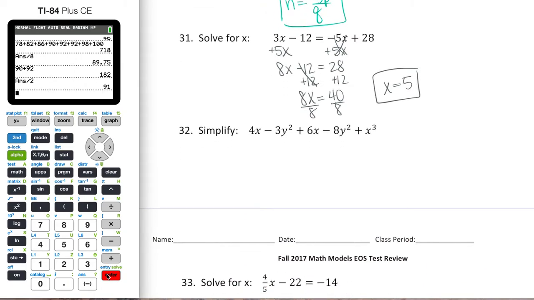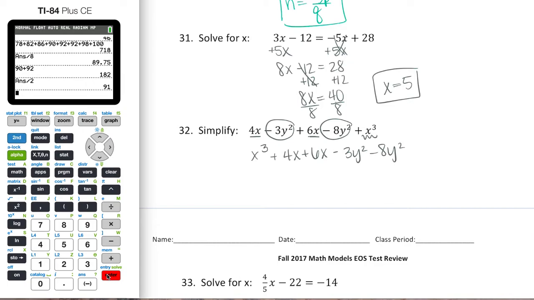Alright guys, we're getting there. Next, simplify. So we're going to be combining like terms. So if we look, we got an x and an x, a y squared and a y squared, and a lonely x cubed. I'm going to pull that x cubed out front. Then we have 4x plus 6x and negative 3y squared minus 8y squared.